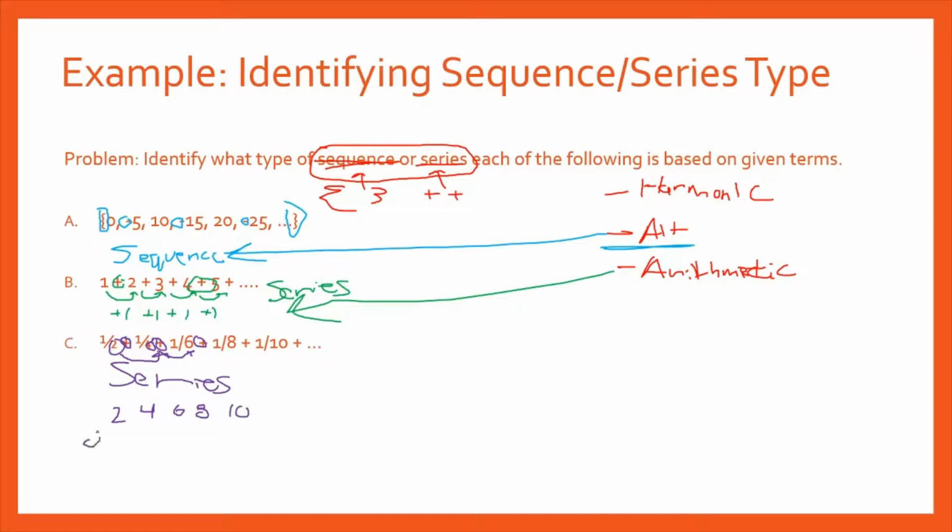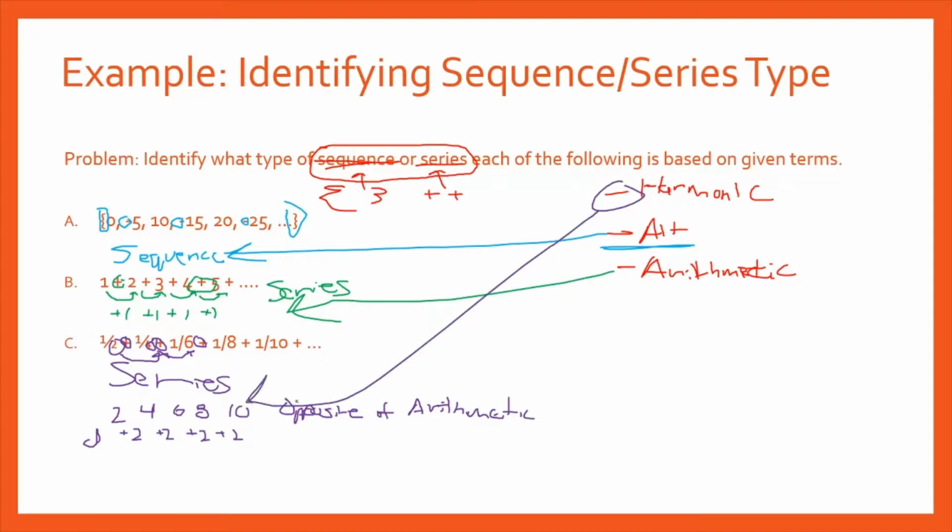So the differences here would be 2, 2, 2 again, and then finally 2, which means that because we have a common difference in the denominators, it's actually the opposite of arithmetic, which means that this must be harmonic right here, so this must go down here.